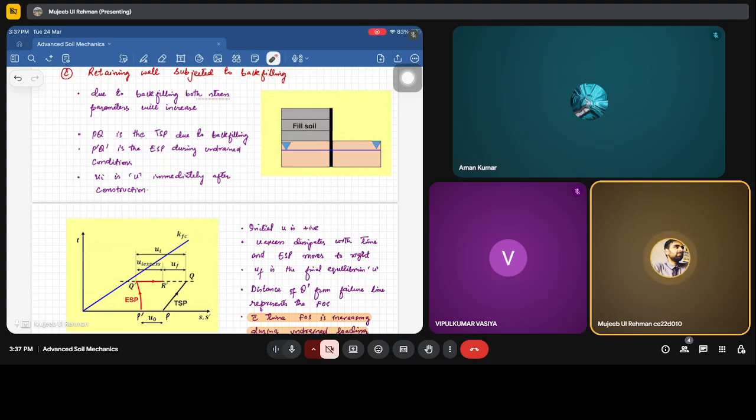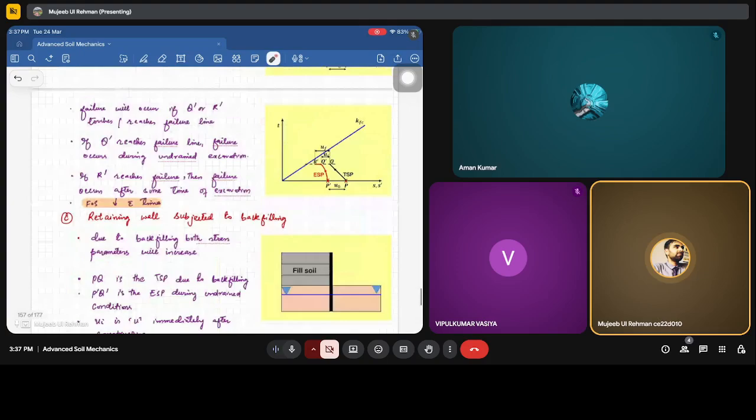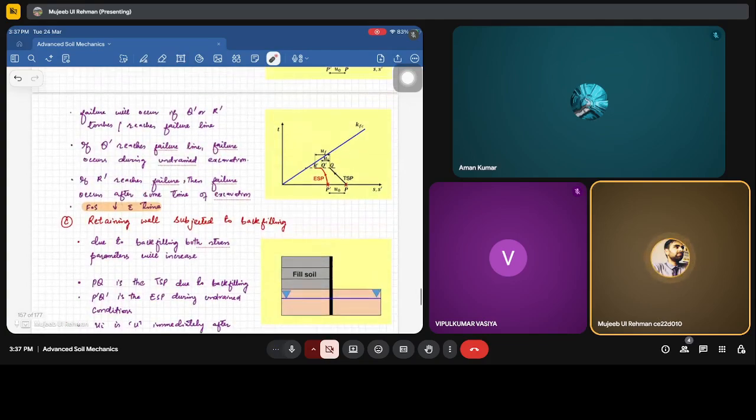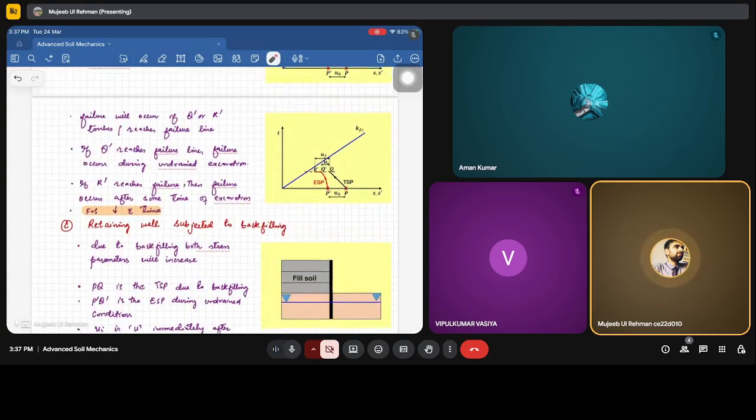So our factor of safety will again increase. That's why, for retaining wall, I have told you the shearing caused by excavation is different from the shearing caused by backfilling. Shearing caused by excavation will reduce the factor of safety with time, because if we keep it as it is, our effective stress path is going to touch the failure line with time.